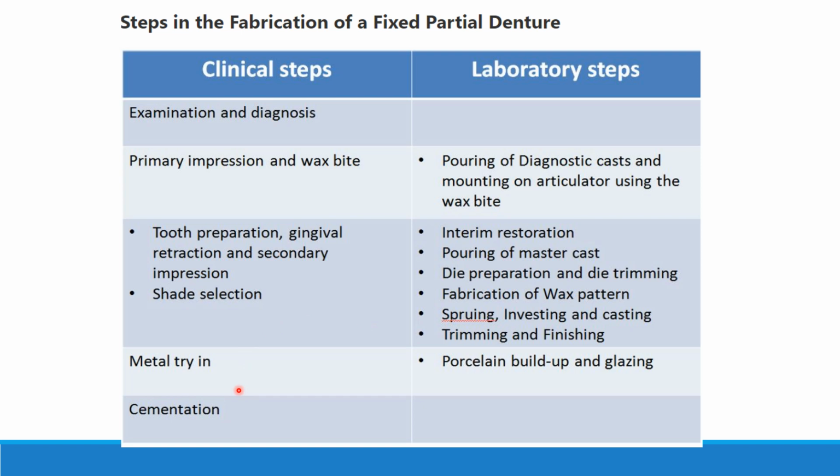And then again in the clinical procedure there is a metal try-in, and then there will be a porcelain build-up, glazing, and then there will be a porcelain try-in or a cementation procedure. Usually we would skip the metal try-in procedure, guys, but ideally this is how it goes, guys, right?